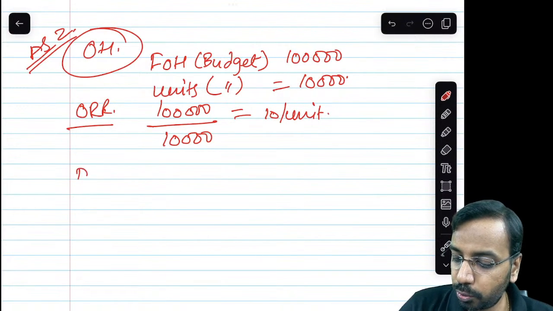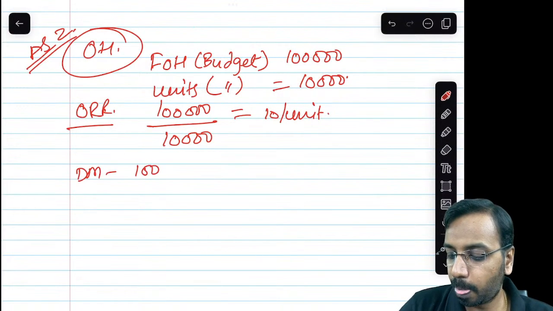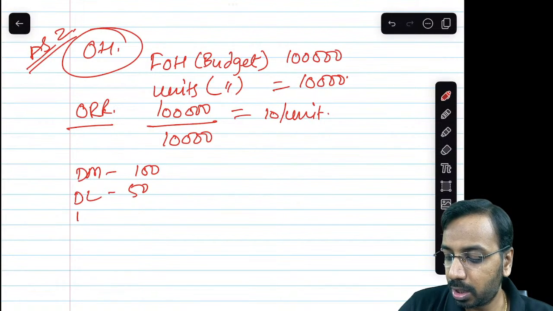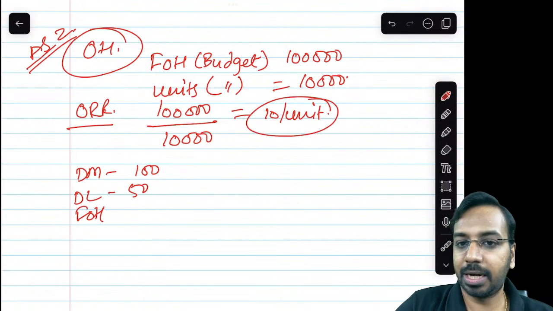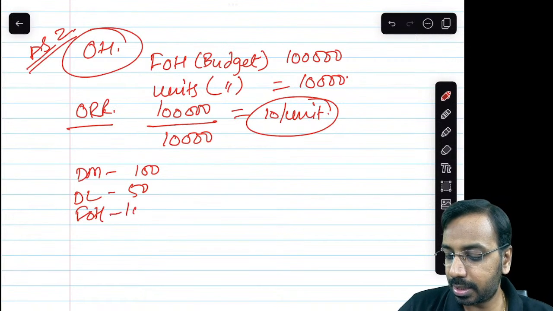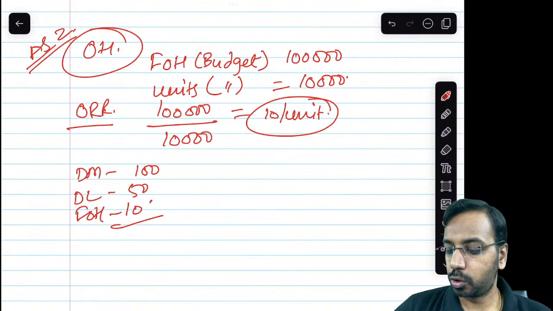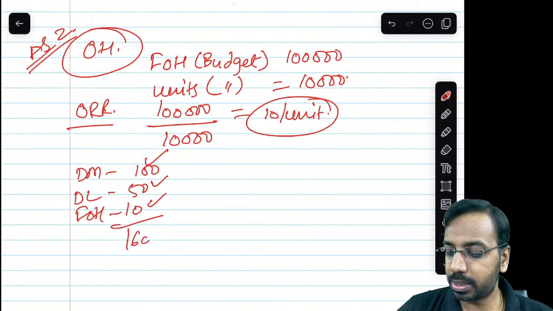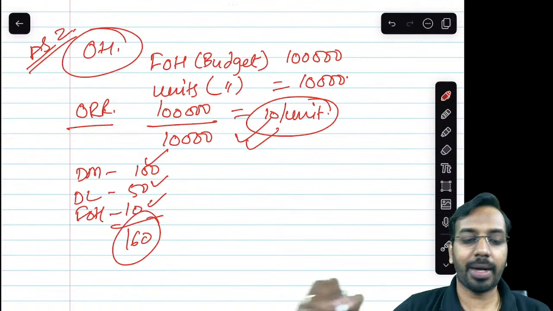So you will take, let us say, direct material 100, direct labor 50, fixed overhead, you will take this 10 per unit and you will add it. So 100, 50 and 10, 160. You will always take predetermined overhead.